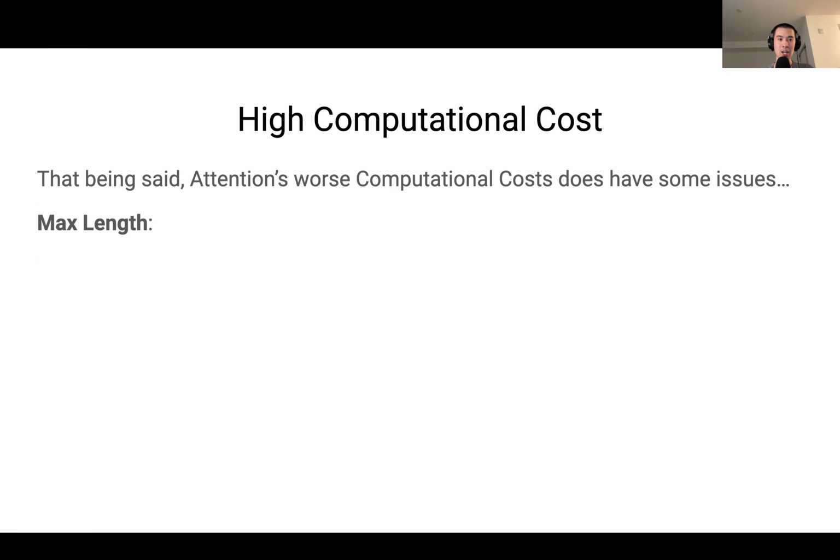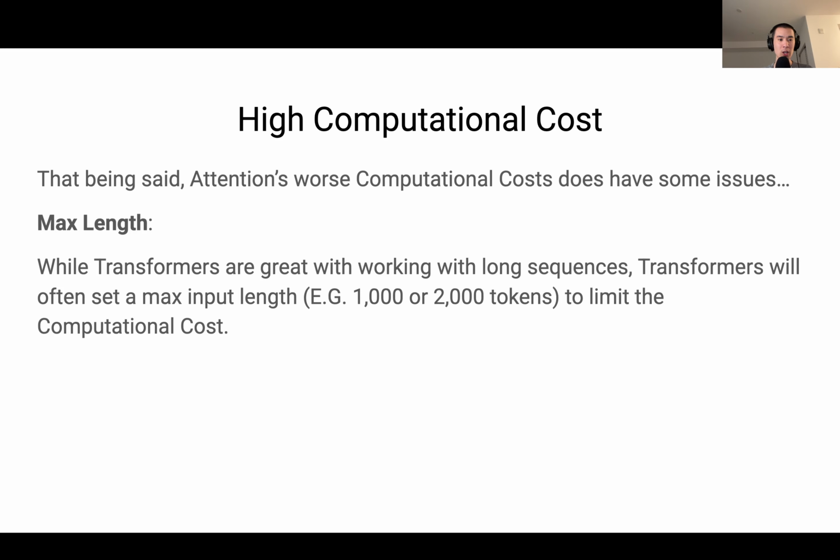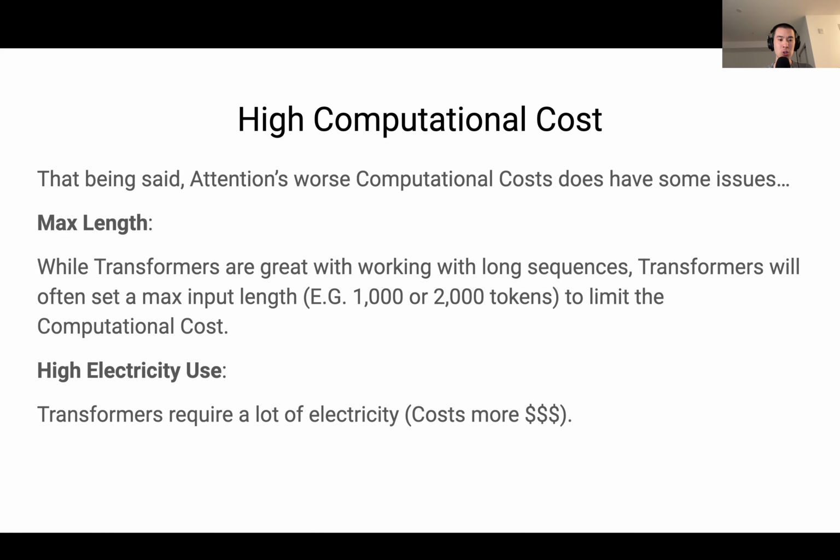First issue is max length. While transformers are great with working with long sequences, transformers will often set a max input length of, say, 1,000 or 2,000 tokens as a simple example to limit the computational cost. Another issue is high electricity use. Transformers require a lot of electricity, which will cost you more money.